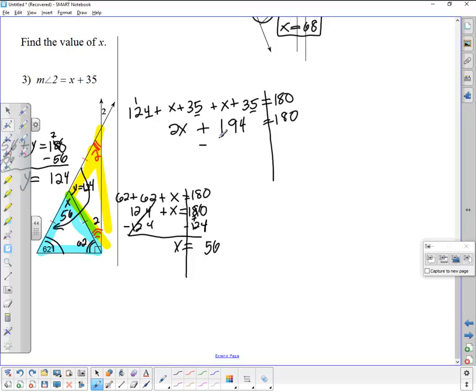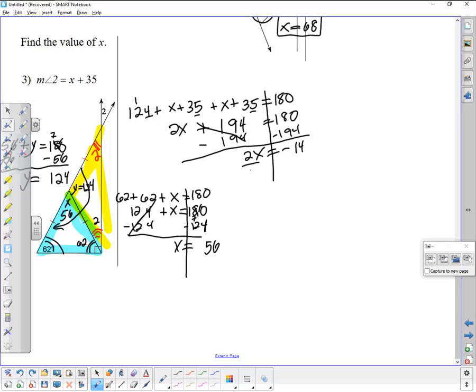Now minus 194, minus 194. These will cancel, so you have 2x is equal to negative 14.